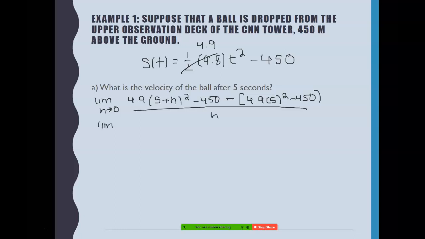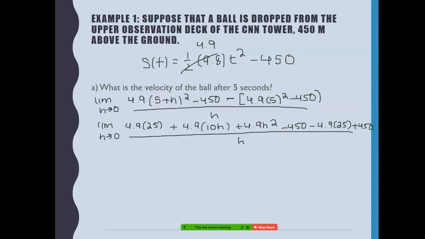And if I distribute and FOIL first, then I get 4.9 times 25 plus 4.9 times 10h plus 4.9h squared, plus 450, minus 4.9 times 25 minus 450, all over h.